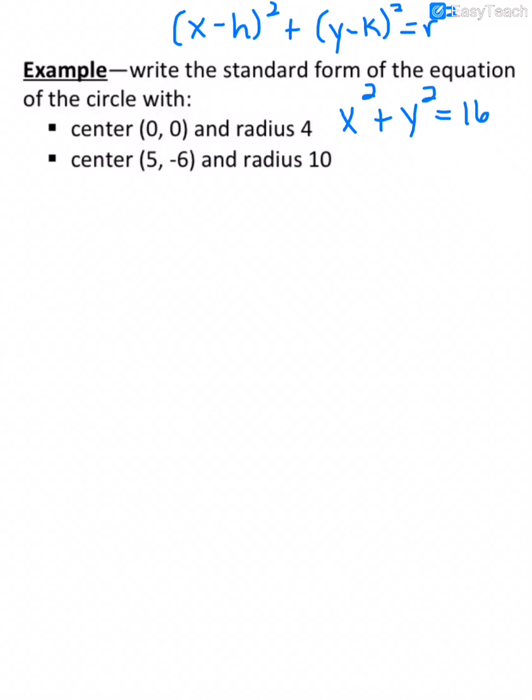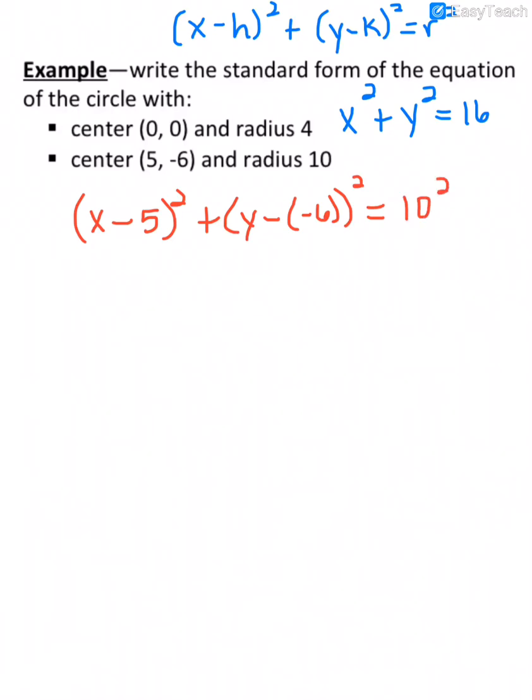For the next example, we have a center at 5, negative 6 and a radius of 10. So we're going to have to plug those in. That would be x minus, and my h is 5, squared, plus y minus, my k is negative 6, squared, and that equals the radius, which is 10 squared.